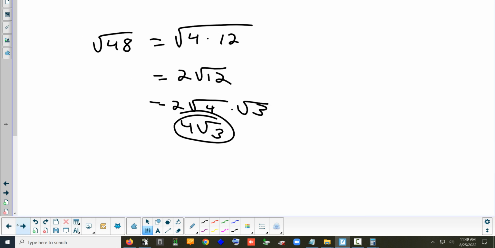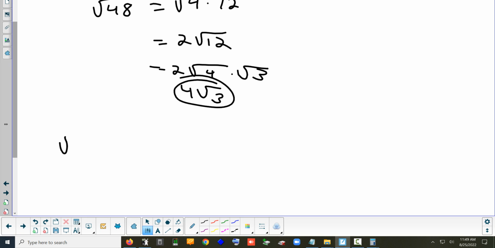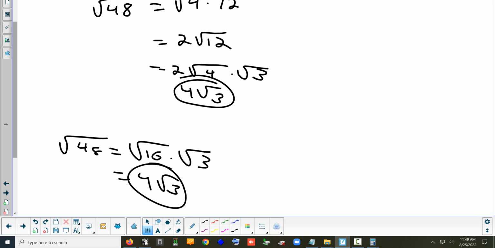Well, if you had the square root of 48, you write it as 16 times 3, and then you're done in one step of the square root versus having to break it up twice. But again, breaking it up twice might be good. If you had a really big number, maybe you want to break it up twice to make it smaller, and then it's easier to work with.